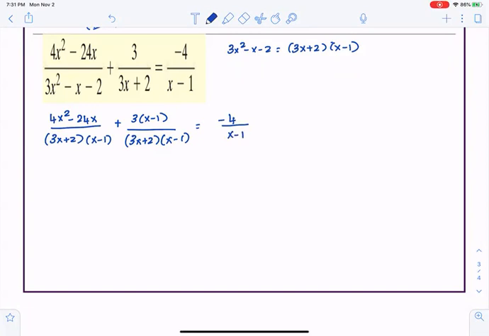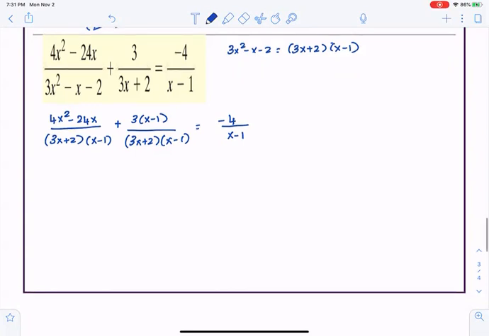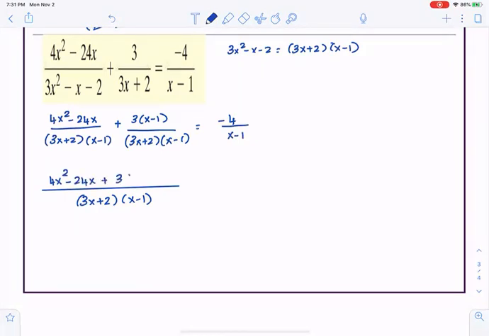So we now have a common denominator. The common denominator is 3x plus 2 multiplied by x minus 1. So combine the numerators. 4x squared minus 24x plus 3 times x minus 1 equals -4 over x minus 1.